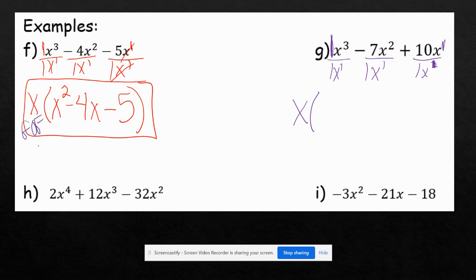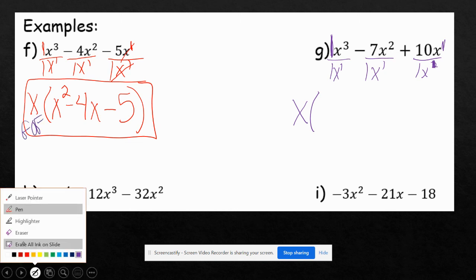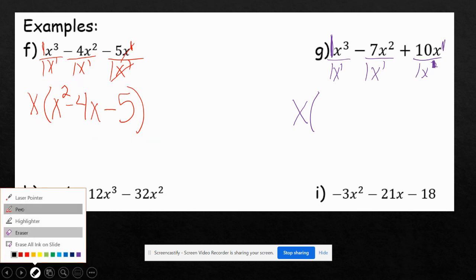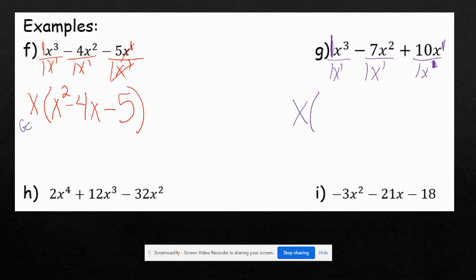Let me try that again. This is our GCF, and these are the leftovers. Third power over first power, 3 minus 1 is 2.